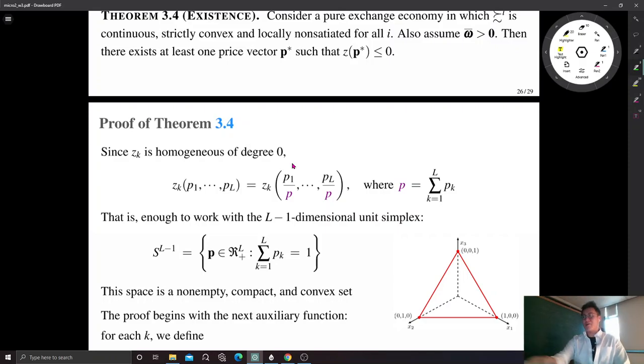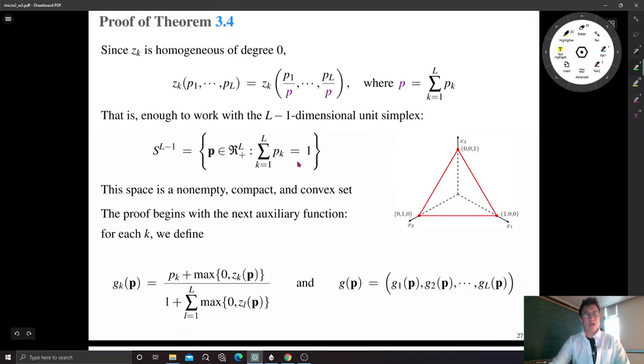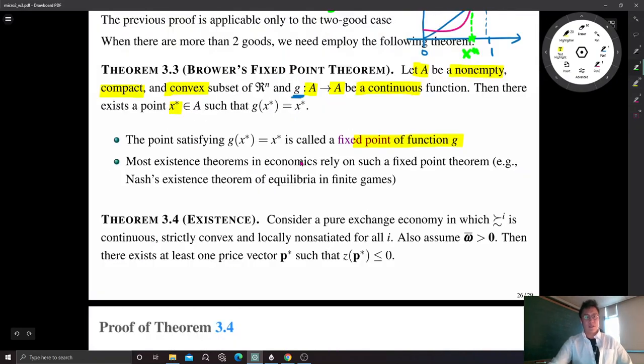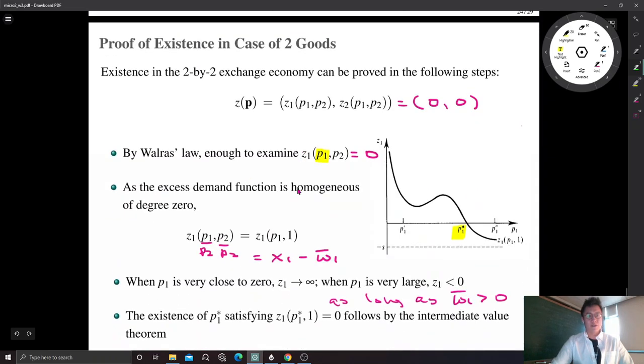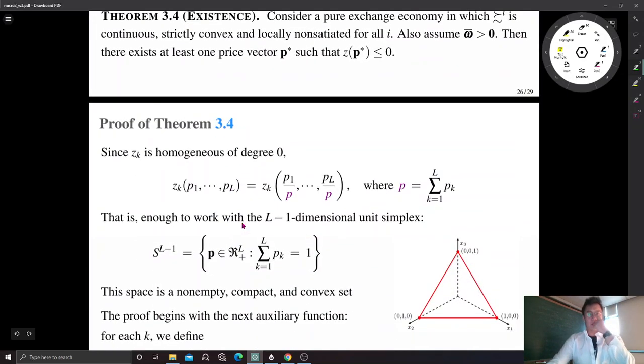This is how the existence proof goes. Just as in the 2 by 2 case, in the second step, using the homogeneity of degree 0 property, we normalize the price vector.